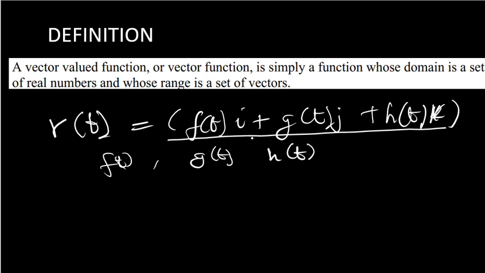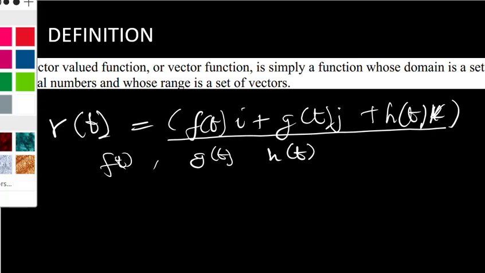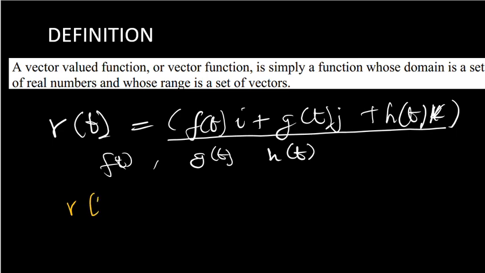Remember, vector functions are mostly in the 3D space, or they are three-dimensional vectors. For instance, we can have a vector function such as r of t is equal to t cubed, t squared plus 1, t squared minus 1.